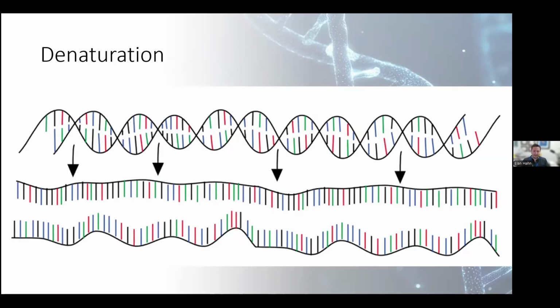So first, denaturation. Double-stranded DNA is denatured into single-stranded DNA by heating the reaction to 94 degrees Celsius.